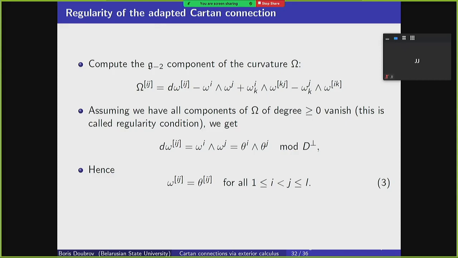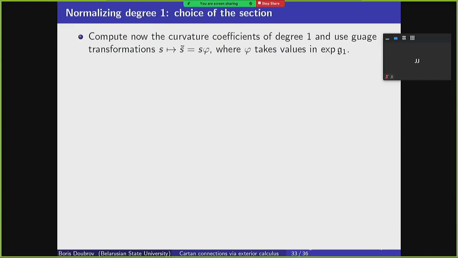We aligned omegas with thetas, and we've been able to choose a section in a unique way up to degree 1 and 2. So what next? Let's now see what we can do if we want to further make changes to our section.